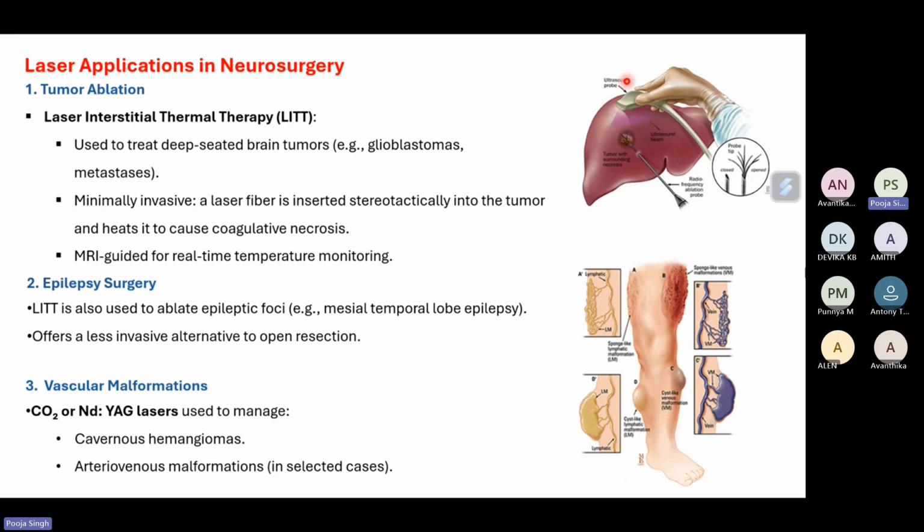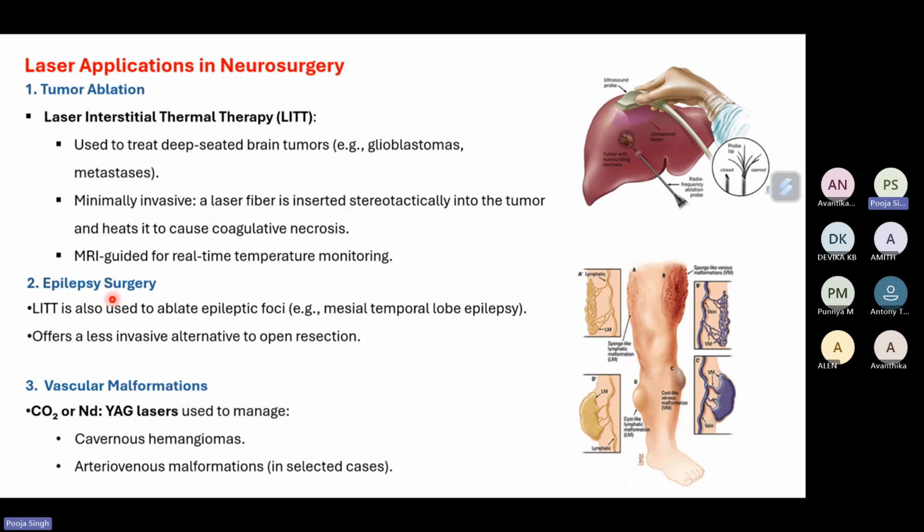Also in neurosurgery, we use laser interstitial thermal therapy. Basically, if anyone has a brain tumor, in that case also we use this kind of laser interstitial thermal therapy to remove the tissue if it is deposited in our brain.